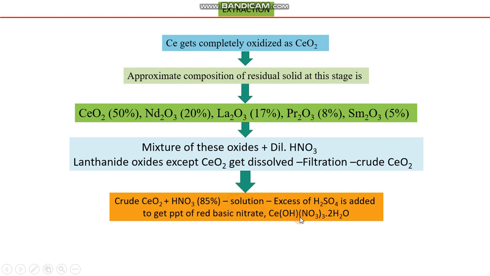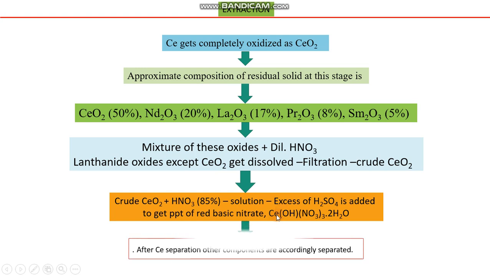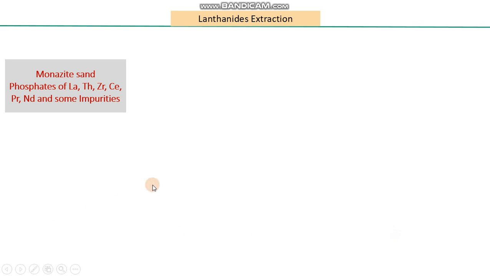In order to get this red basic nitrate of cerium, and it is in hydrated form. So the cerium can further be processed for purification, and the rest of the elements in oxide form, which we obtained in solution form in this step, can also be processed for separation of the respective lanthanides accordingly.